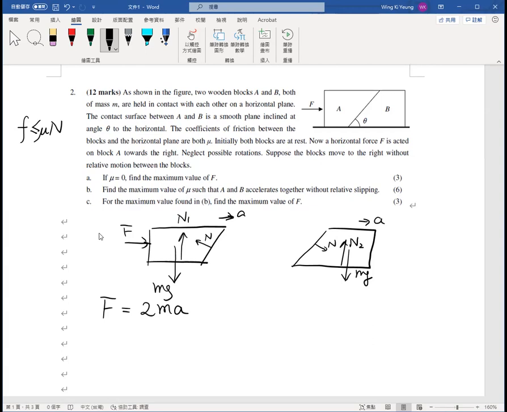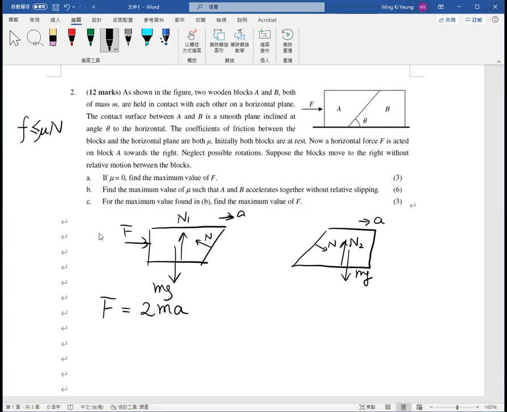The second one is, what is meant by maximum value of F? It seems that they can always move horizontally with the same acceleration, no matter how large the F is.